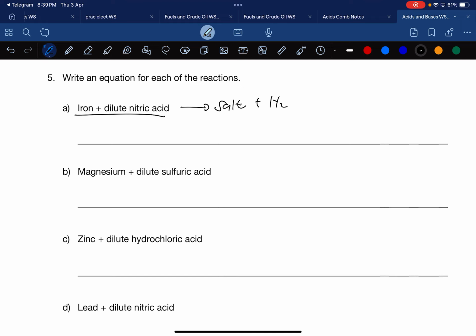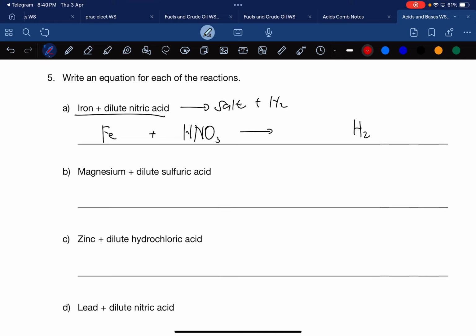I will do A. Okay? Iron is Fe, plus nitric acid. Formula for nitric acid is what, Amos? HNO3. Your salt, I don't know what it is yet, but I know I formed hydrogen at the other side.